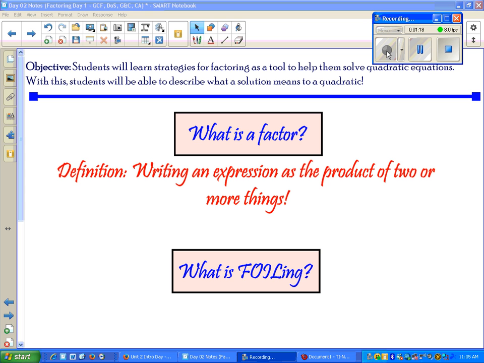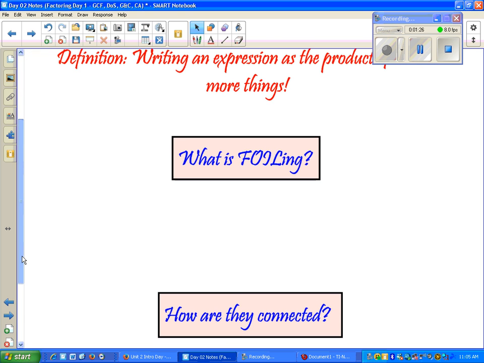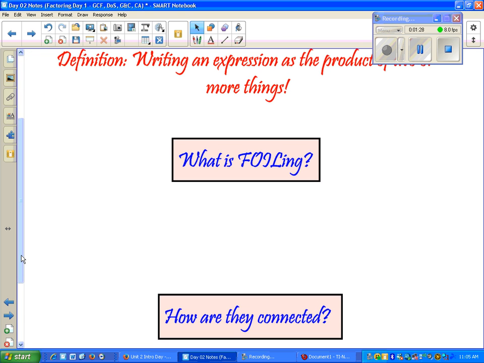What is foiling? No, it's not solving it. What did we do? First, outer, inner, last. First, outside, inside, last.